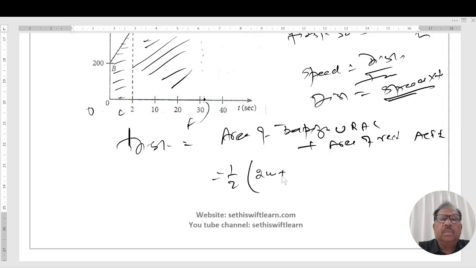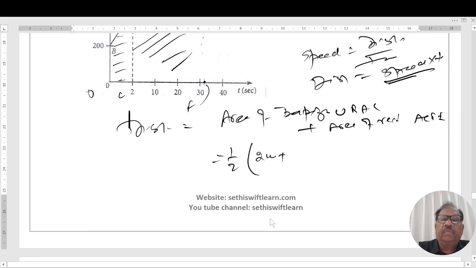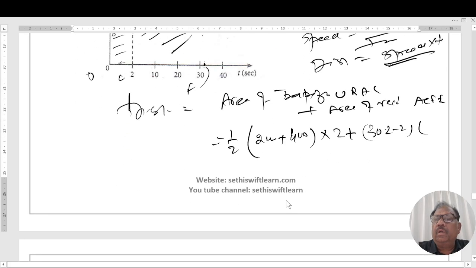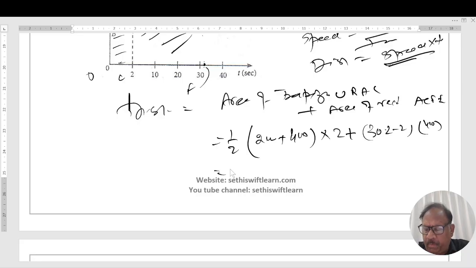200 sum of parallel sides plus 400 into 2 plus 30.2 minus 2 minus 2 into this comes out to be 400. On simplification, this comes out to be 11880, that is 11.8 kilometer, right?